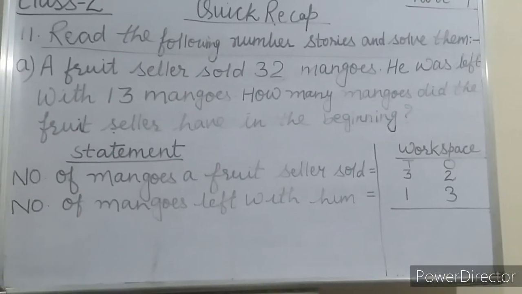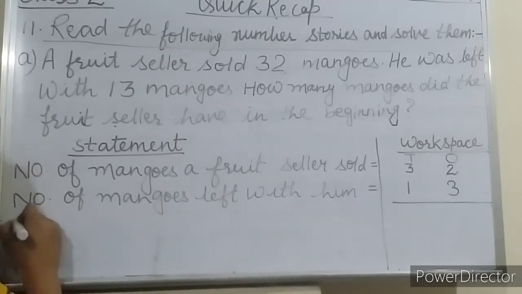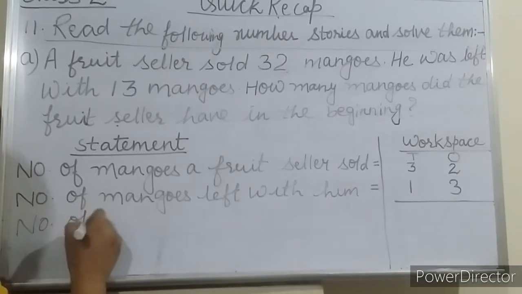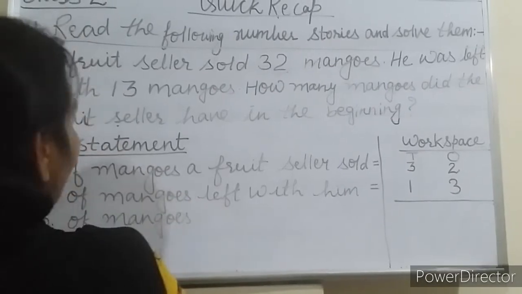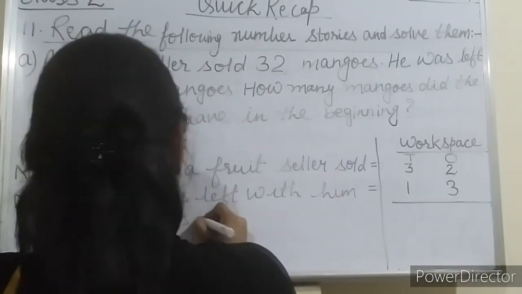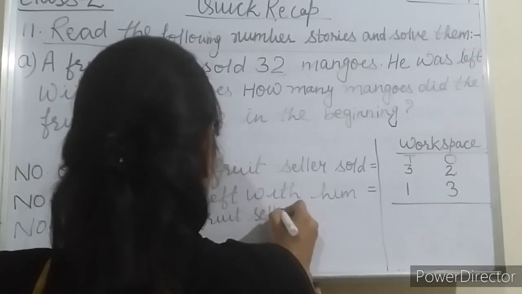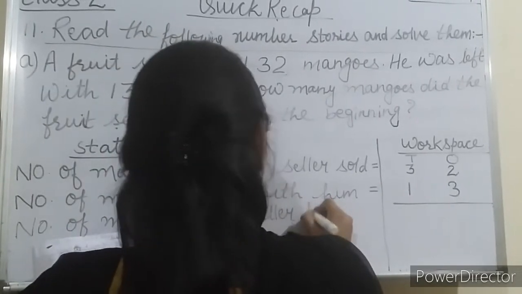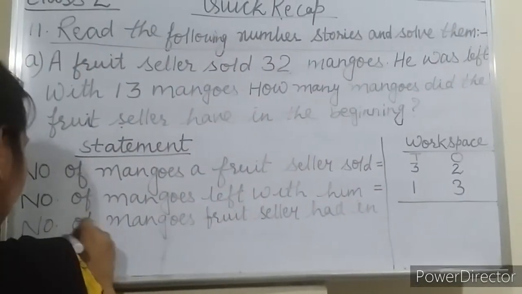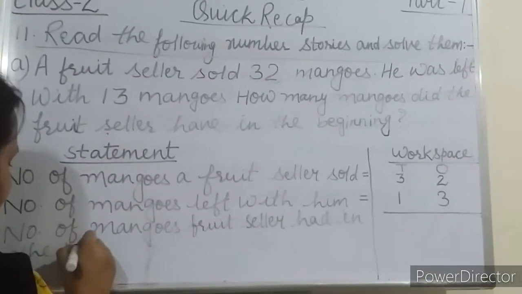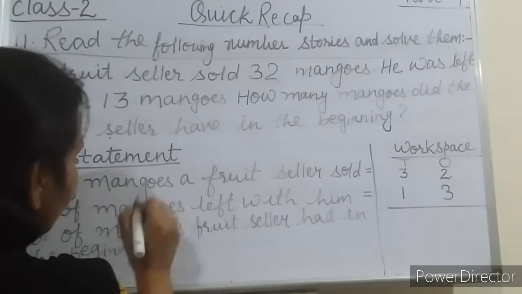So what will be our third statement? Write number of mangoes fruit seller had in the beginning.